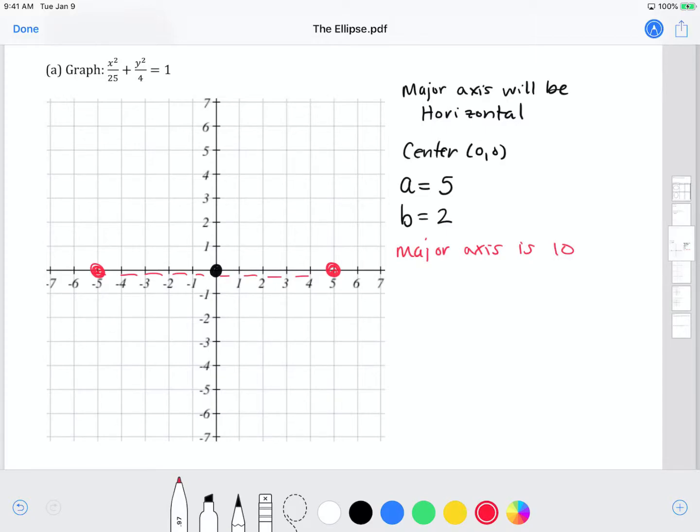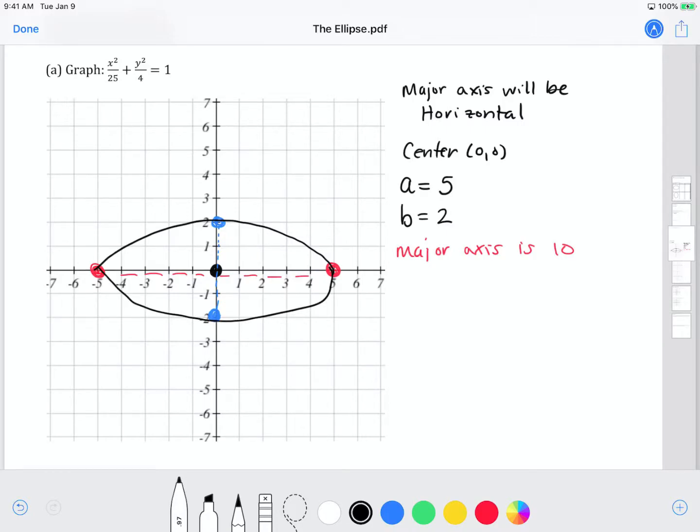Now, to find my minor vertices, I'm going to go out vertically 2 in either direction. So from the center, I'm going to come out 2 and come out 2. So when I put this all together, here is my ellipse.